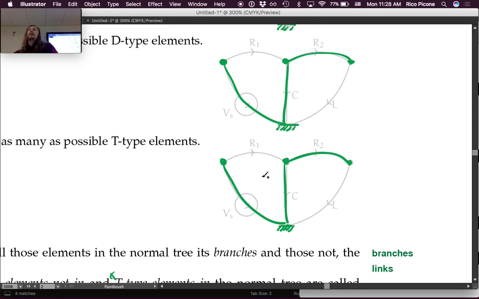We know by construction that it's going to create a loop when we put it in, right? So we just write the compatibility equation for that loop. It's just like KVL for that loop, right? And we need to solve for the voltage, the across variable for the element that we placed into the tree.